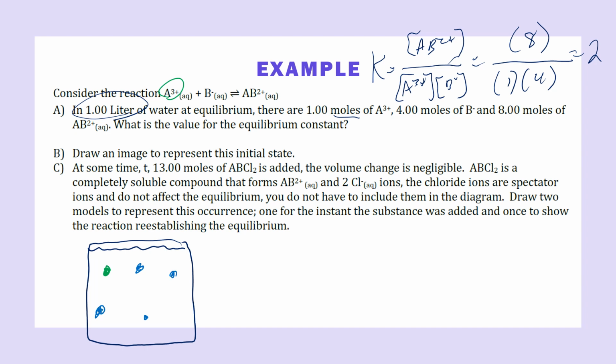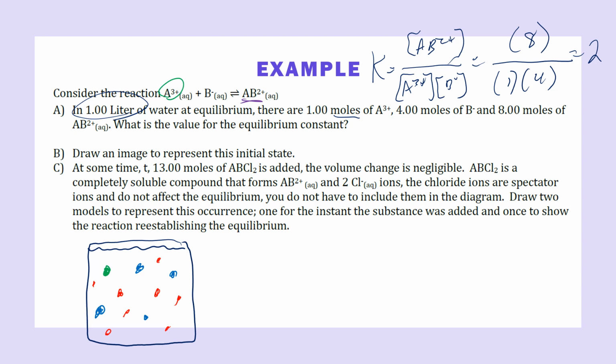And then 8 moles of AB2. I know we're combining them together, but I'm going to use red, it's going to be easier for me to draw just in a different color. 1, 2, 3, 4, 5, 6, 7, 8. So there is our equilibrium mixture that they told us about.